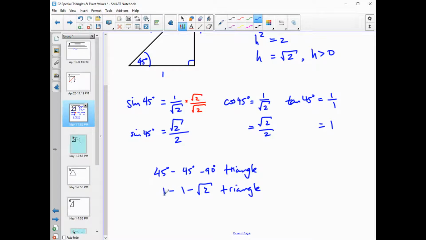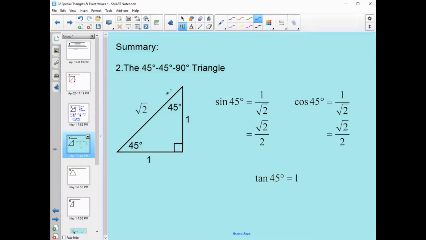I feel like with the 1, 1, root 2, the important part is remembering the side lengths that go along with it. Remember, the hypotenuse is the longer side, and the square root of 2 is about 1.4, so that's bigger than the 1 and the other 1. In the notes, I have just included a nice computer graphics version.